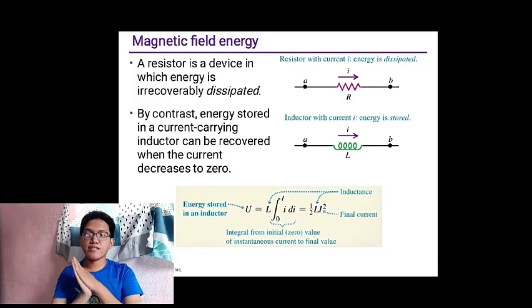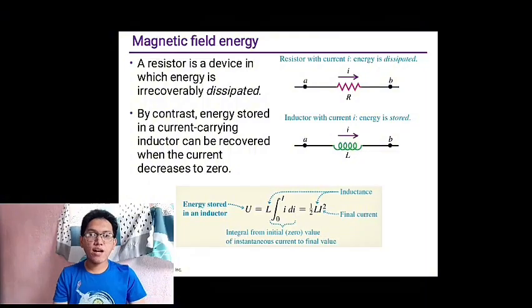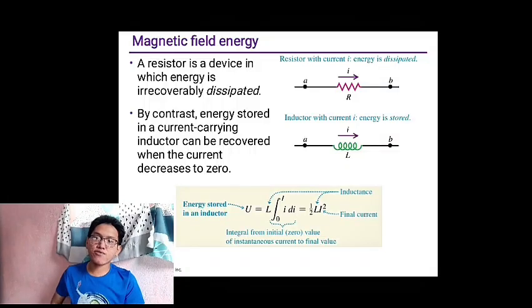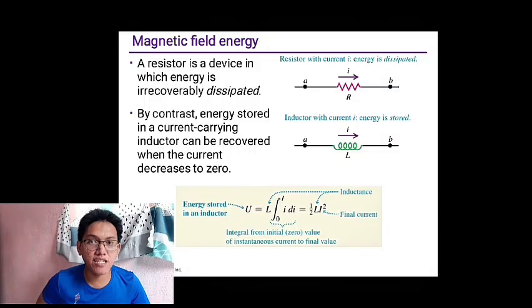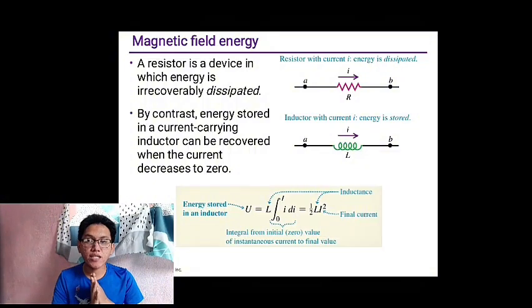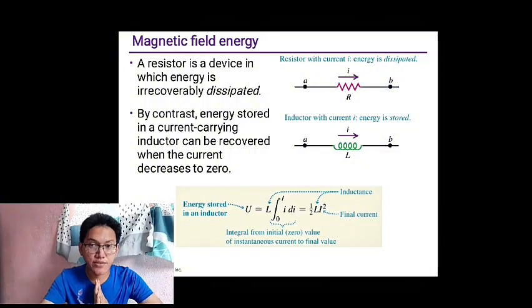Now we have here the magnetic field energy. A resistor dissipates energy as heat, and this energy cannot be recovered according to the law of thermodynamics, because energy cannot be created nor destroyed. Okay? In contrast, an inductor stores energy in its magnetic field, and this energy can be recovered when the current decreases.